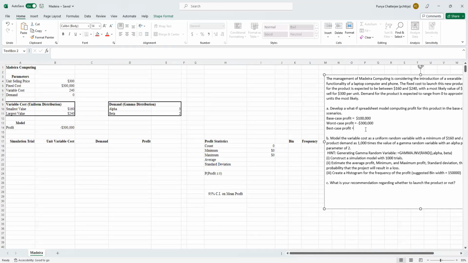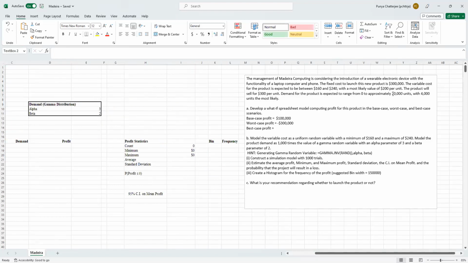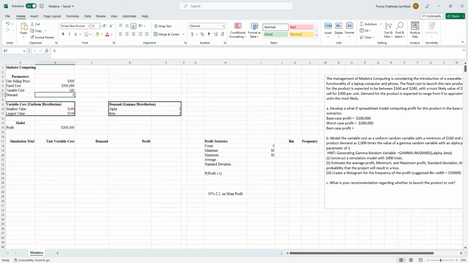Okay. Finally, the best case. So the best case variable cost is $160 because that's the lowest. So I'm going to write 160 here. And then for demand, the best case demand is going to be 20,000 units because that's the most demand that we can have. And I'm just going to put in 20,000 here.